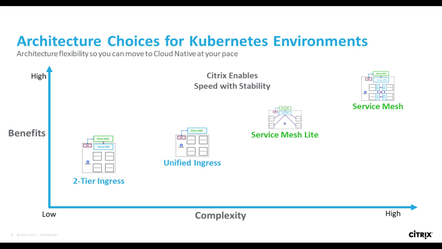And we are seeing even a lot of cloud native experts moving with a two-tier ingress solution. And of course, you can graduate to a more unified ingress solution, reducing the complexity, but that is dependent on how skilled your platform teams are at managing your ADCs for both east-west and north-south traffic.